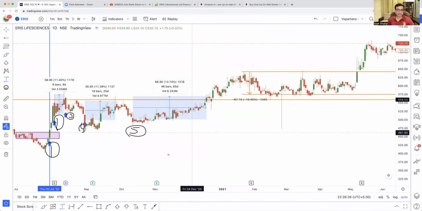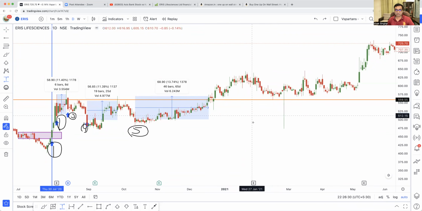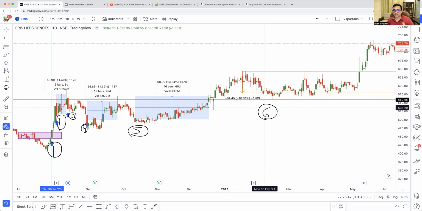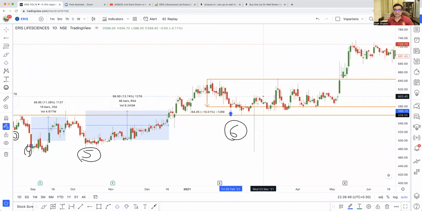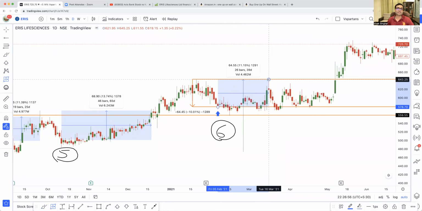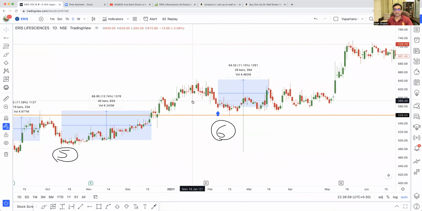This is the 6th trade we will be taking here. Because 10% fall is here, the buying is here. And the target is achieved immediately after that. 39 days, again 11% gain. So this target is also achieved.